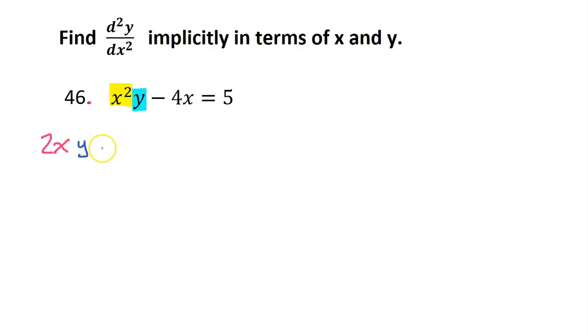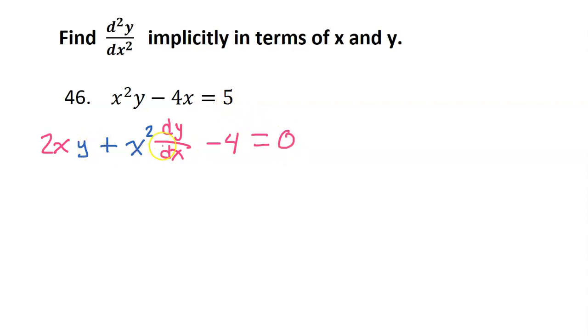And then I put a plus, and the second time through I leave the first factor alone, and I take the derivative of the second factor. The derivative of y is just dy/dx. So that's my product rule for that part. Now I'm taking the derivative of negative 4x, but that's just negative 4. And the derivative of 5 is 0.